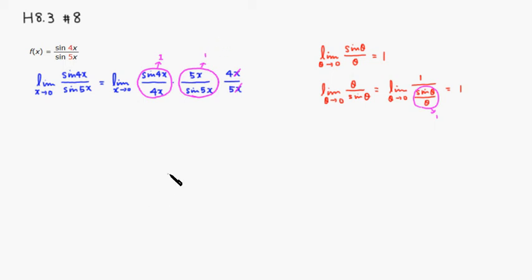So what we have is 1 times 1 times 4/5. Therefore, the limit is 4/5, which is the same thing as 0.8, our estimate from the table. That's it. This is how we can find it algebraically. I hope that this was clear.